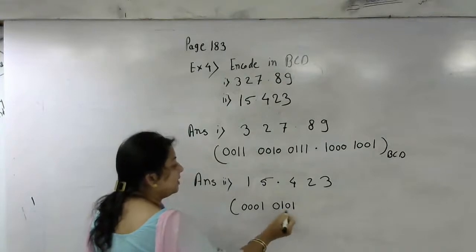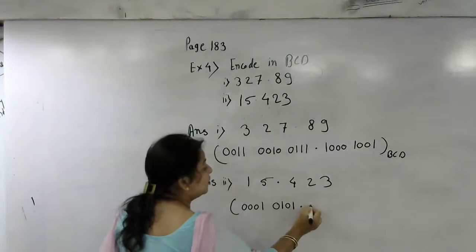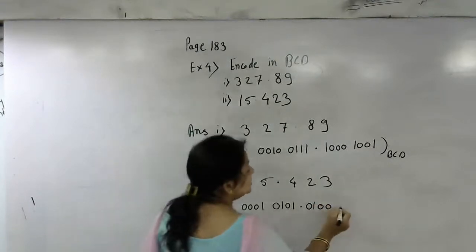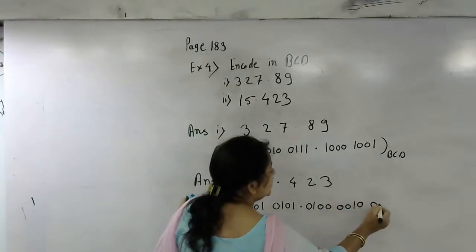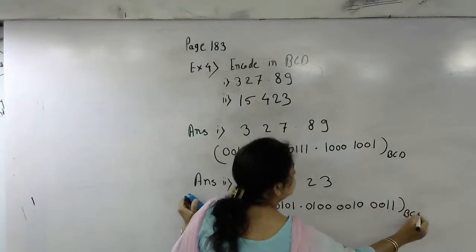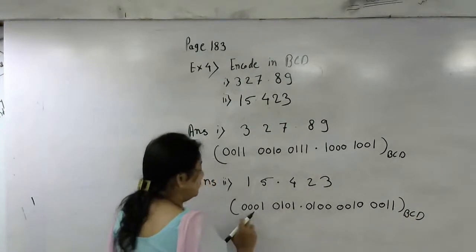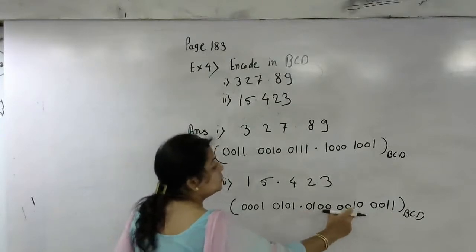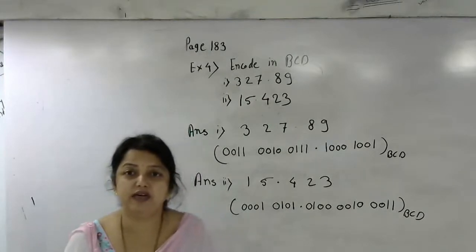So, the 4-bit code for number 5 is 0 1 0 1. Point. What about 4? 0 1 0 0. What about 2? 0 0 1 0. For 3, the code is 0 0 1 1. This is the equivalent BCD code for number 15.423. Okay, everyone understand this.